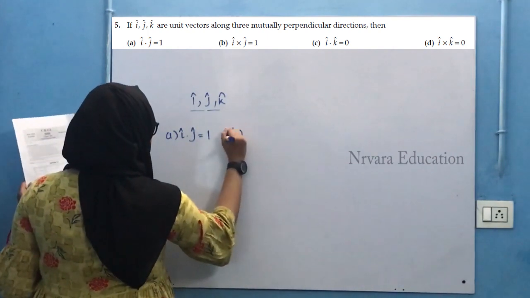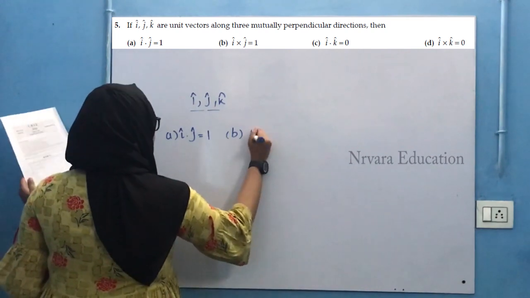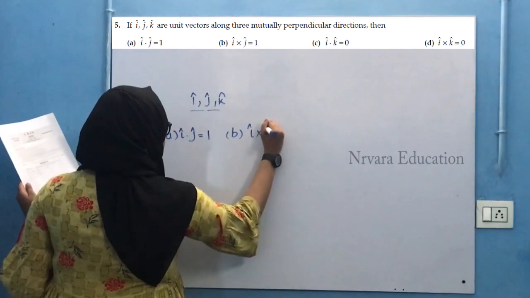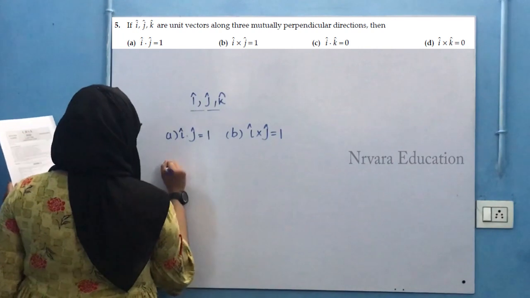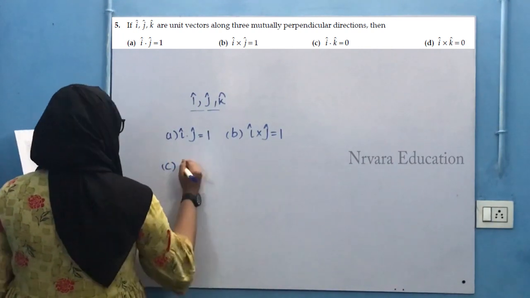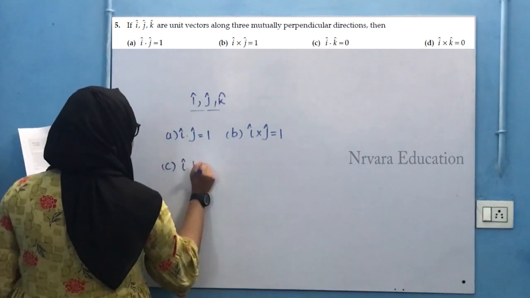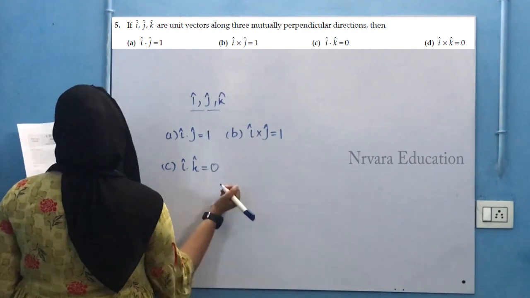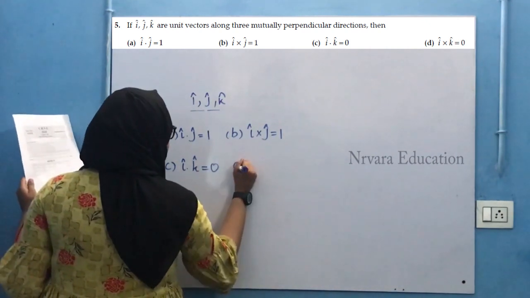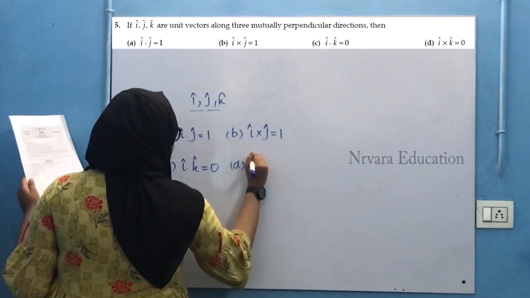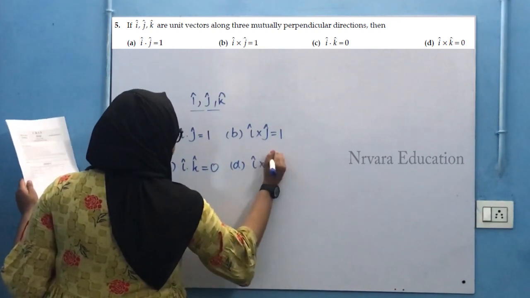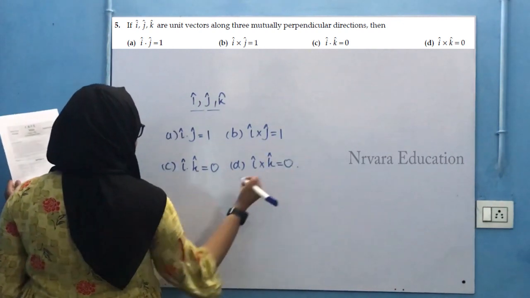B is i cap cross j cap equals 1. C is i cap dot k cap equals 0. And D is i cap cross k cap equals 0.